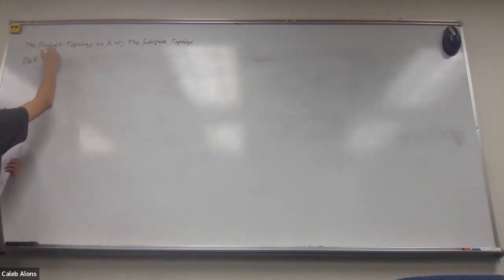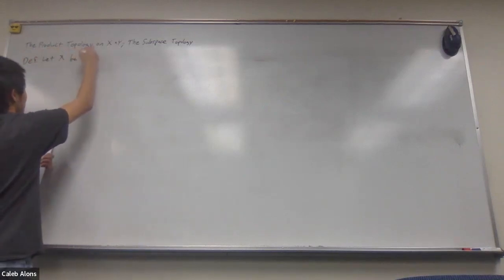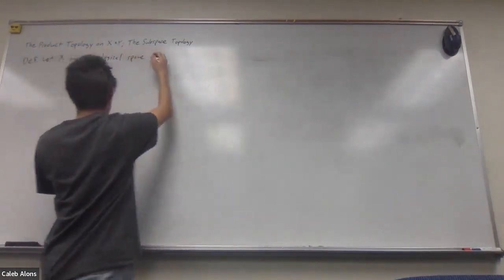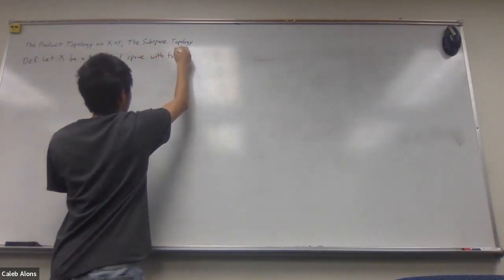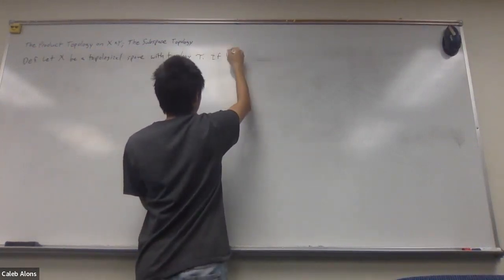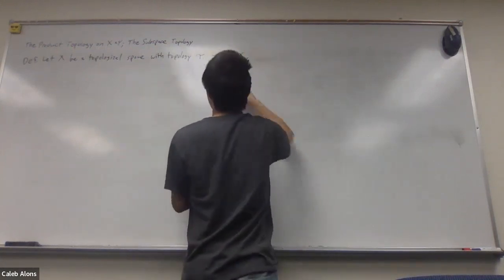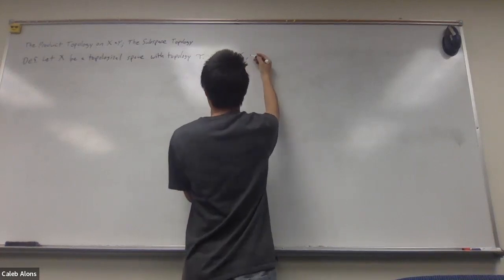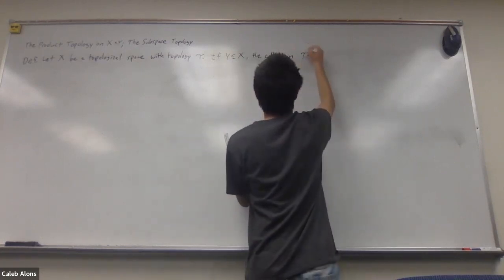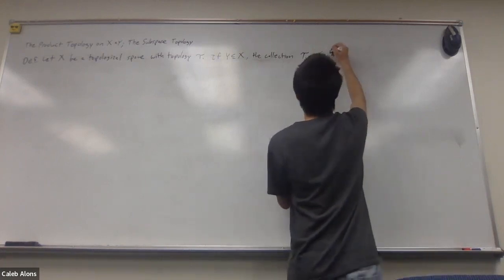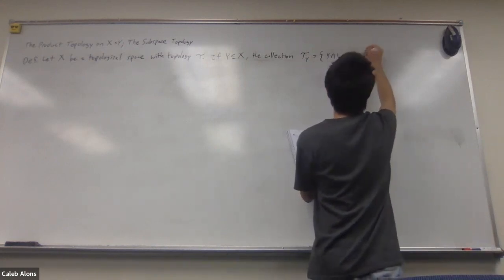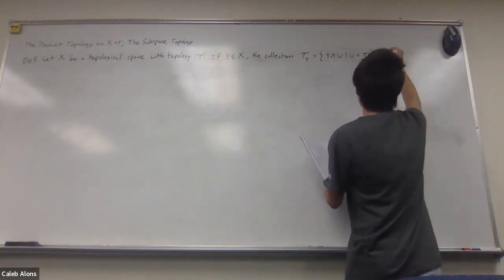So we'll first start, and we're going to let X be a topological space with topology T. And so if Y is a subset of X, so Y is not necessarily open in X, but if Y is a subset of X, the collection T sub Y, where we're going to intersect this subset of X with all of the open sets in our topology, this actually forms a topology.